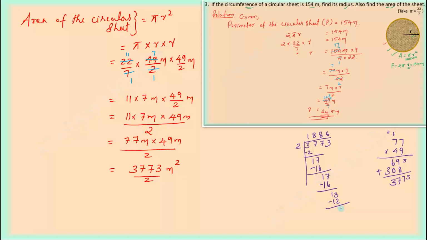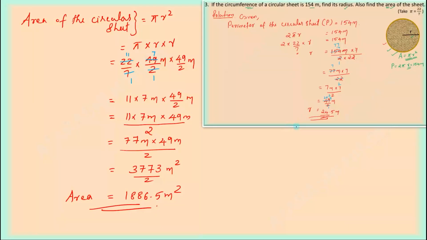Again when we subtract we get 1. Now there is no digit to bring down, so put a point. After that put a 0. Here also you have to put a point. Now bring down 0. Now it is 10, so 5 2s are 10. Now the remainder is 0. So this is equal to 1886.5 meters square. This is the area of this circular sheet.